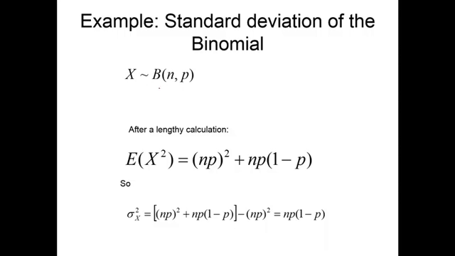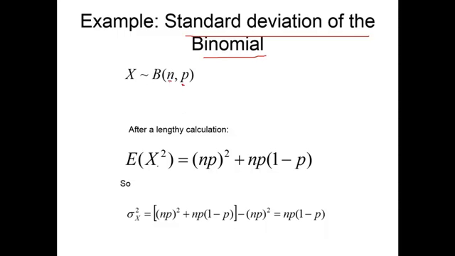Now, let's work this out to get the standard deviation of the binomial. Again, X with n trials and p probability of success.